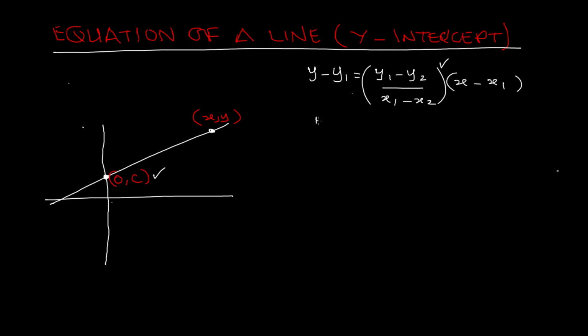Here we're going to have y minus y1 is equal to m, and we're going to replace this whole expression with m times x minus x1, like that. That becomes the next step of our equation.